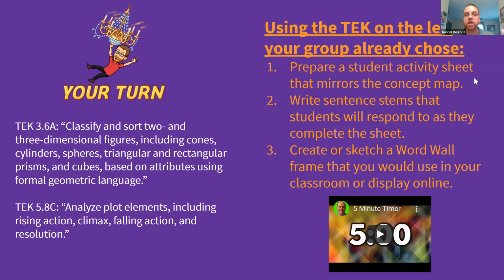What I really want you to focus on is number 2. Think about what vocabulary, what words, you would put into each of the categories or spaces of your concept map, and write some sentence stems that will allow students to successfully complete the concept map that you're going to provide them.